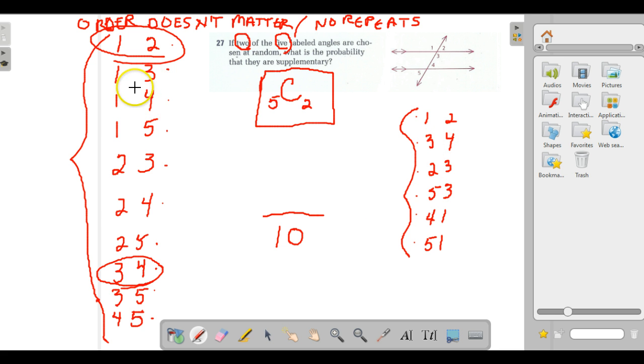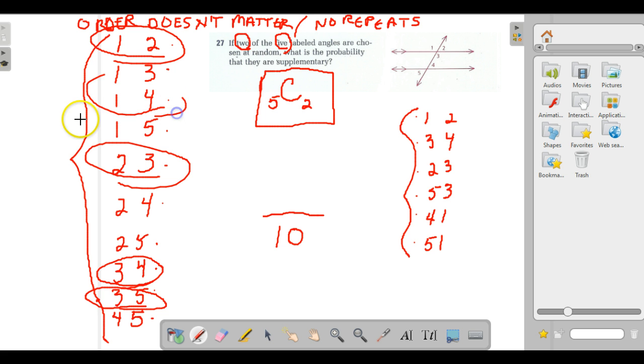The 2 and 3 are here. The 5 and 3 are down here. The 4 and 1 is there. And the 5 and 1 is here. So we can see that out of the 10 possible outcomes, the supplementary ones occur 6 times. 1, 2, 3, 4, 5, 6.